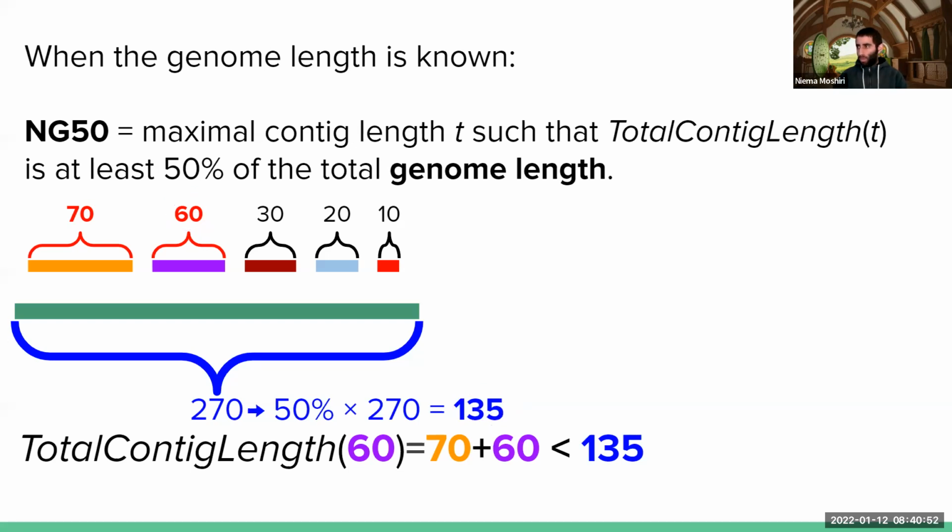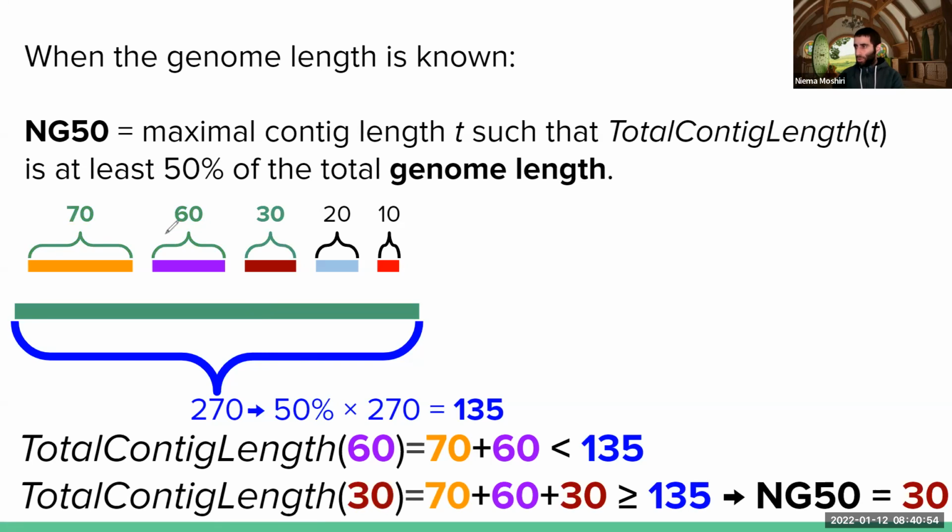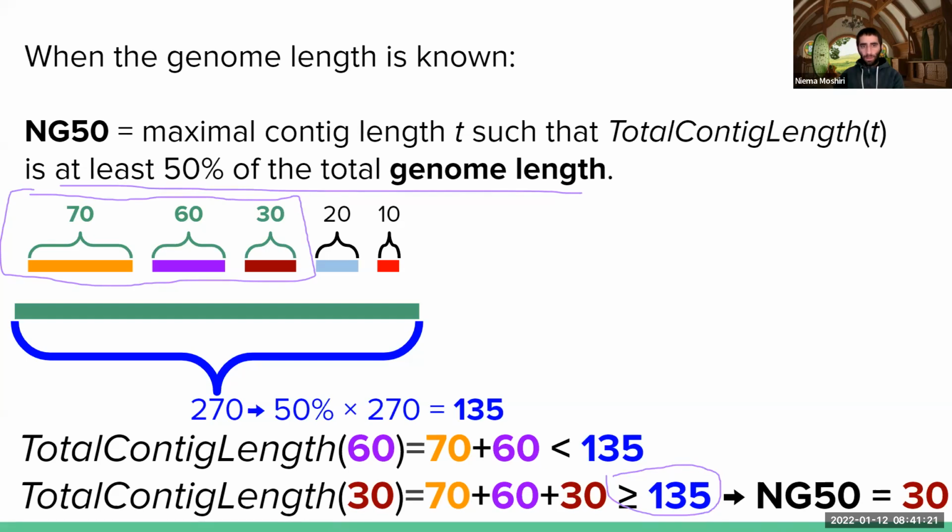Let me look at one more contig. Total contig length 30: I took into account the next longest one. It's the sum of all the contig lengths greater than or equal to 30, so that's 70 plus 60 plus 30, which equals 160. That is at least half the genome length. So my NG50 is 30.